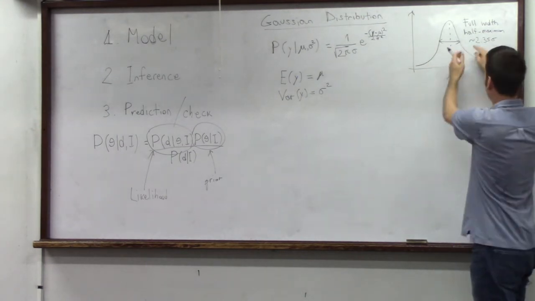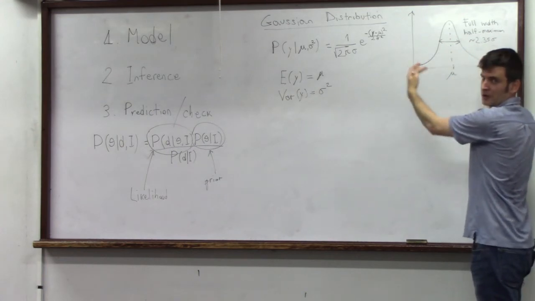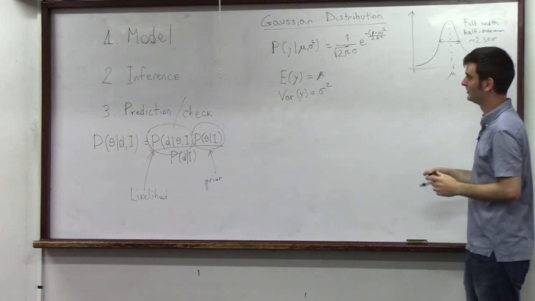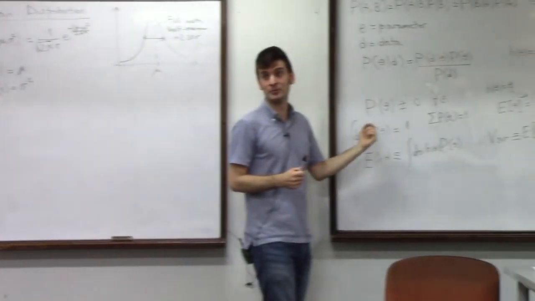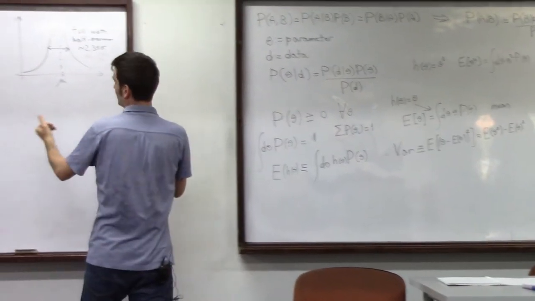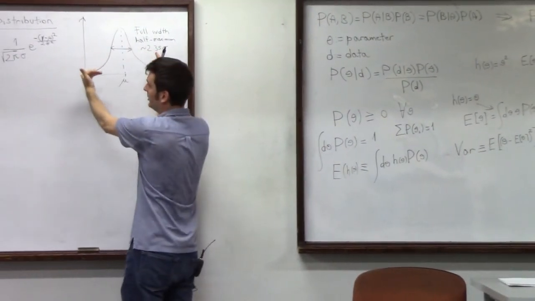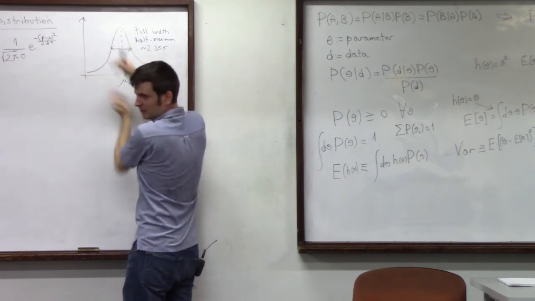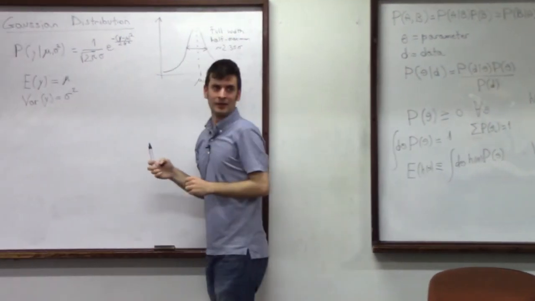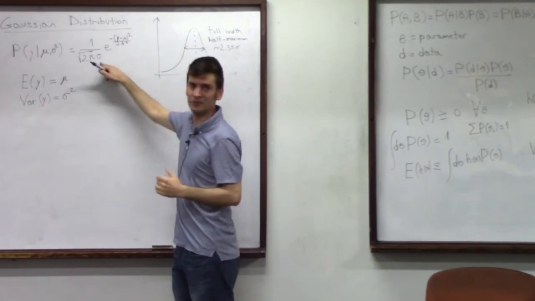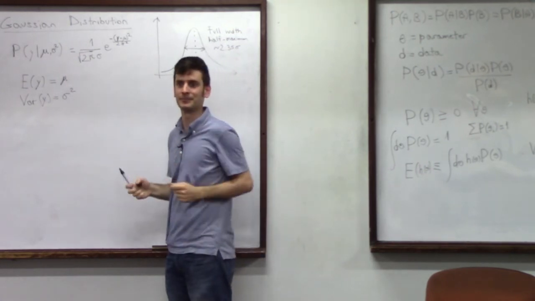If you change sigma, you make the distribution broader. Since the probability must always be normalized to 1, if you make the distribution broader, you also need to squish it. That's why there's a sigma at the denominator, to make sure that when you take the integral, it integrates to 1.